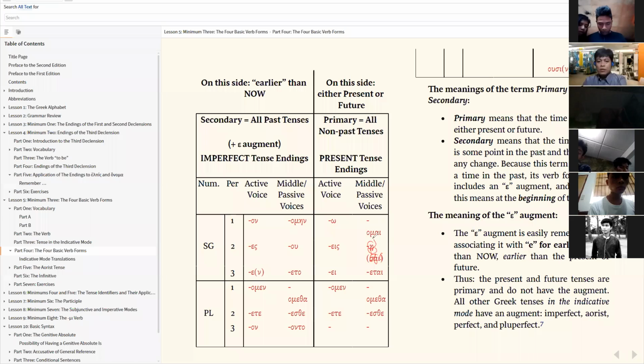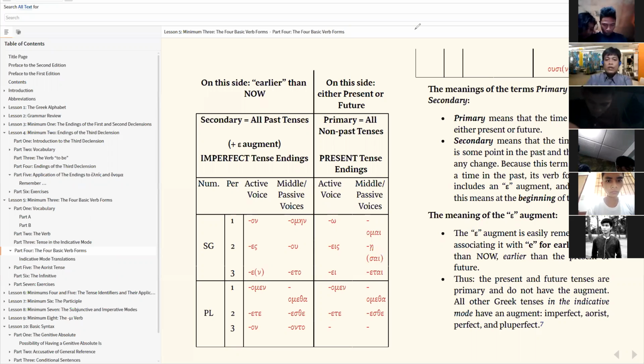So you have omai, ei, etai for the middle passive voice singular. Then for the plural, you have omentha, esthe, and ontai. So that's the basic ending.